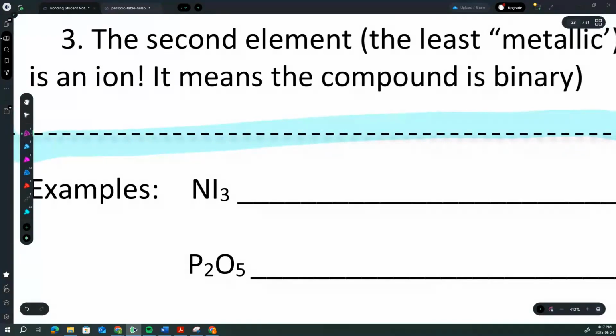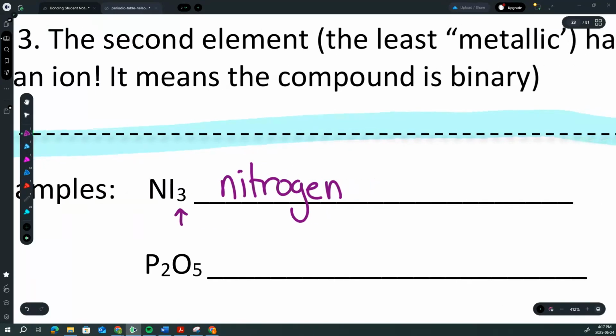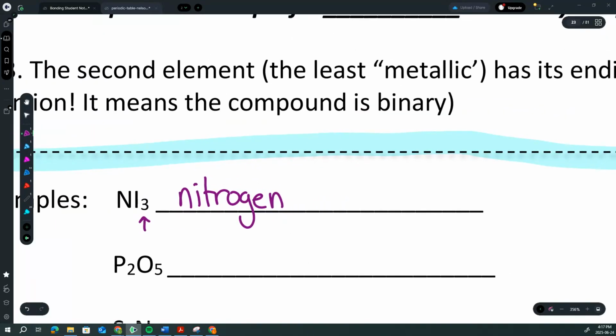For example, we have NI3. Because we only have one nitrogen, the prefix that means one would be mono. However, since it's the first element of this compound, we do not write the mono prefix, we just write nitrogen. For the second element in this molecular compound, there are three iodines, so I'm going to write tri, because that means 3.